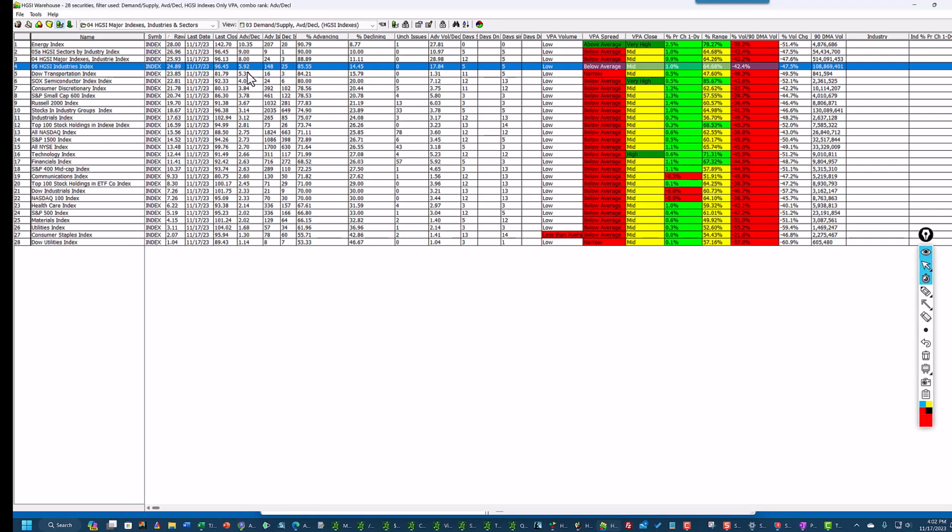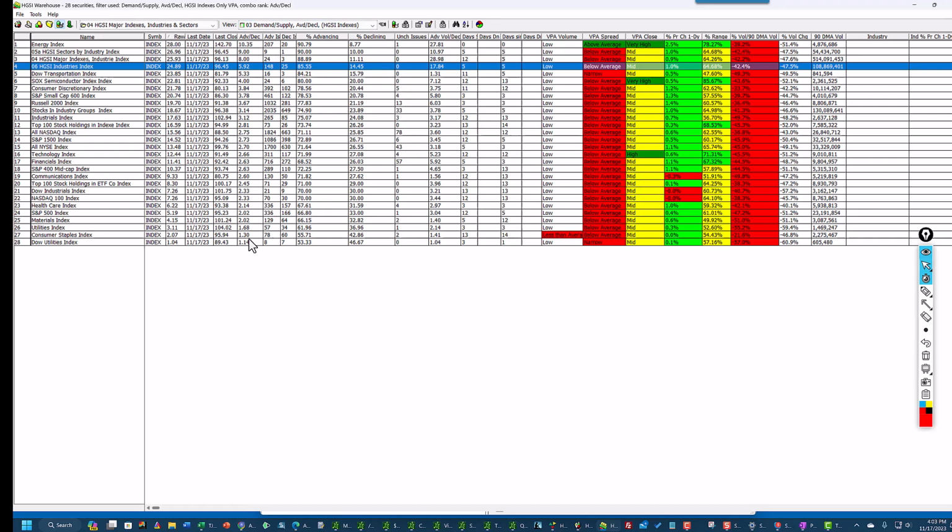If you want to look at the actual numbers, they're over here, or the advancers divided by the decliners. I like to look at both this column and the percent advancers and decliners. But all the information is right in here for you, and you can see that using HGSI and thinkorswim after the market closes, you can get a really good read on what happened within the market.